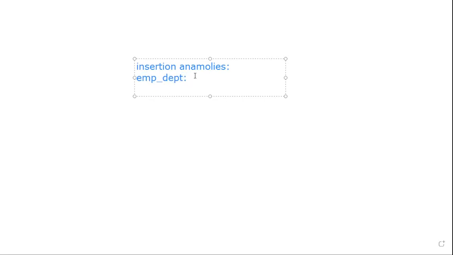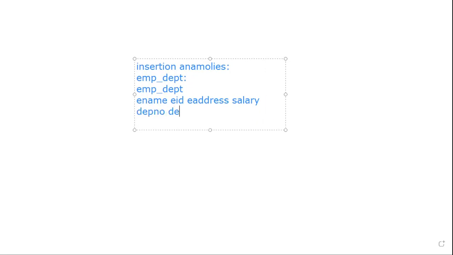So now first consider the insertion anomaly. In the employee department table, we have the attributes employee name, EID, e-address, salary, then department number, department name, and department location.